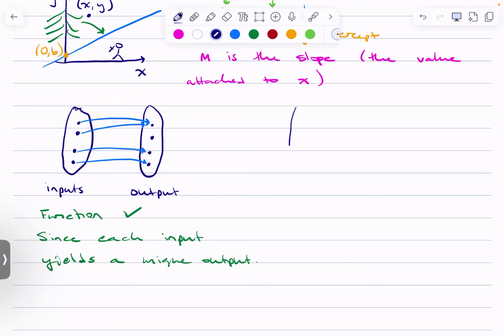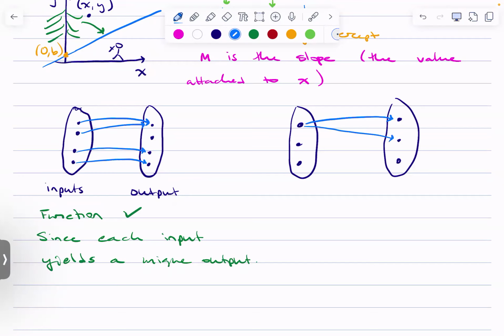What if we do the same thing again? Boom, boom, boom. Can just do 1, 2, 3. A little simpler. What if I try to do something like this? This one and this one. No longer a function, right? Now, things like this exist in math, but they're not functions, okay?